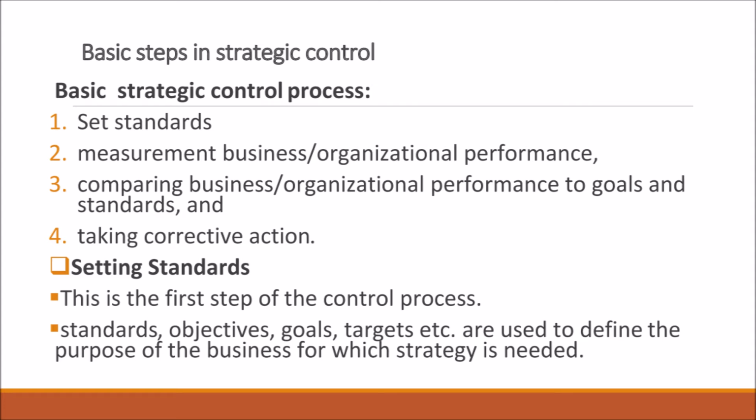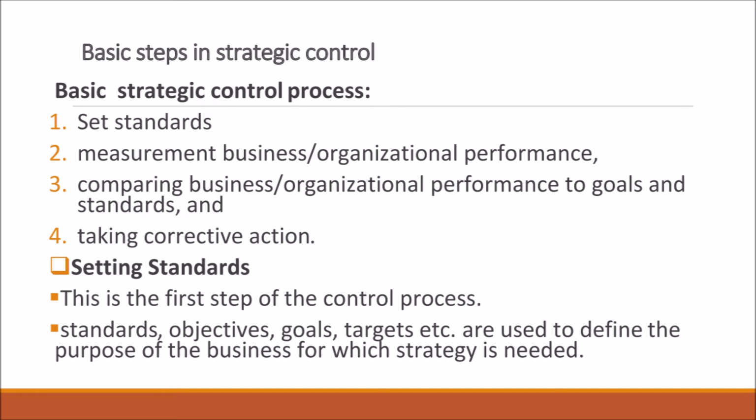Okay. So as you set the standards, that is the first step in the control process. What are the standards? The standards are the targets, the objectives that you set for your business. And then also the next thing is to measure your performance. Okay. What are some of the things that you can use?